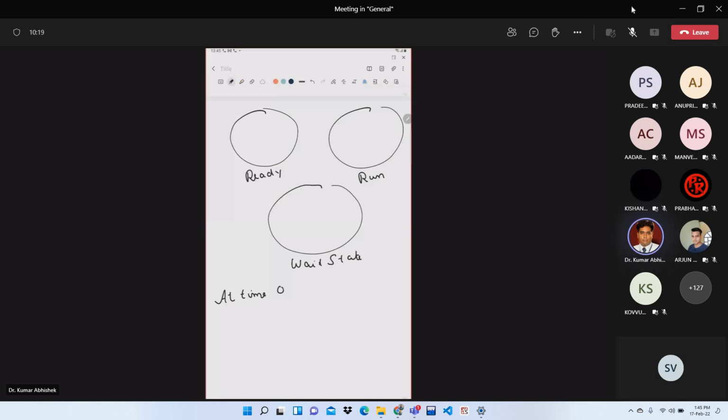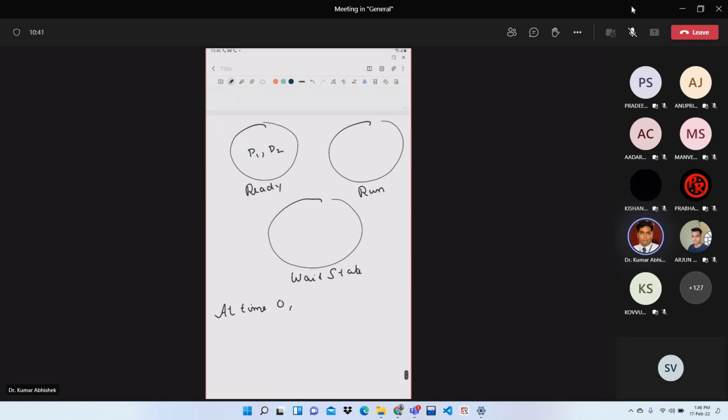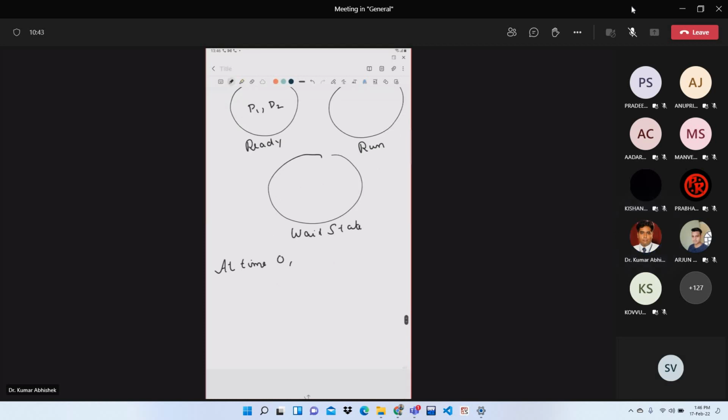We have two processes, P1 comma P2. So what will be the Gantt chart now?